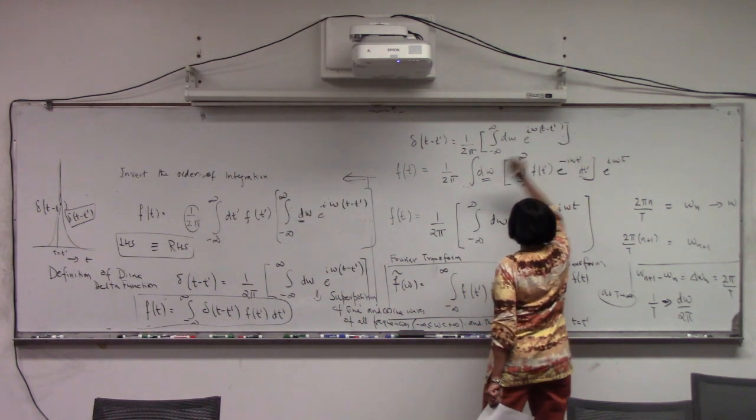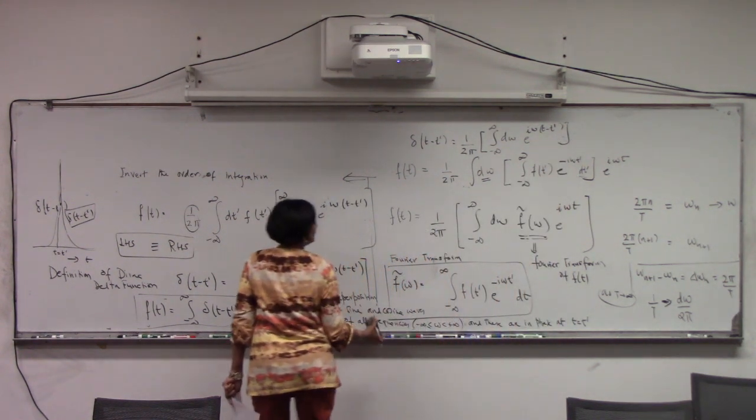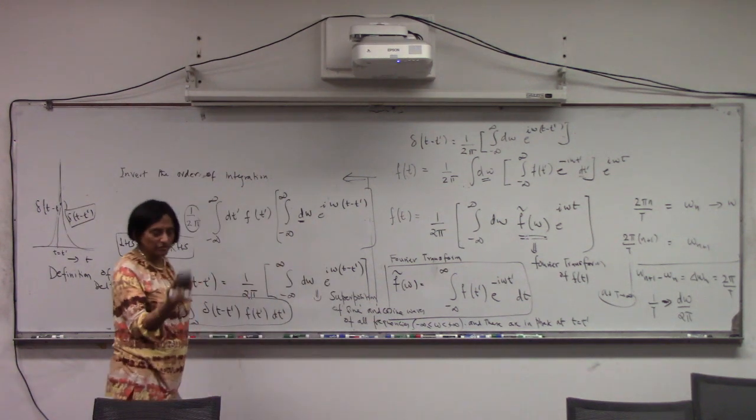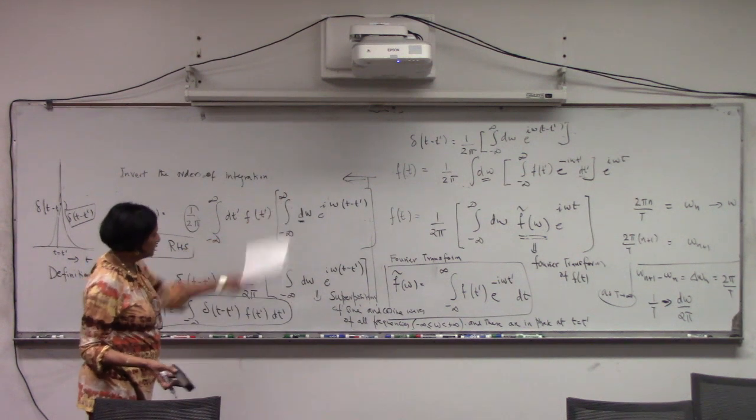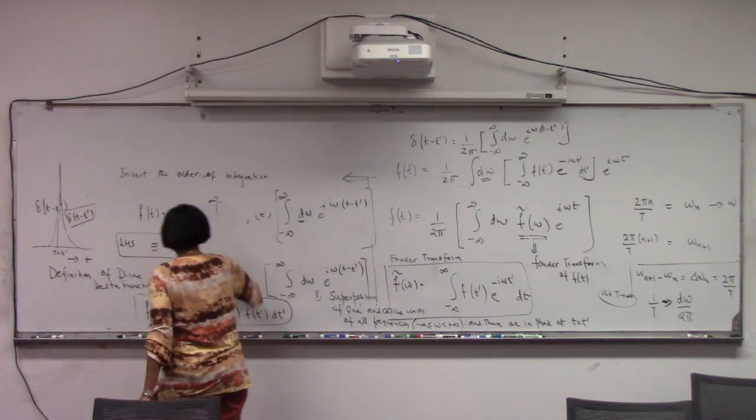It's already done. So that's the definition of the Dirac delta function: the integral representation of the Dirac delta function, or the Fourier transform representation of the Dirac delta function. That is it. All right.